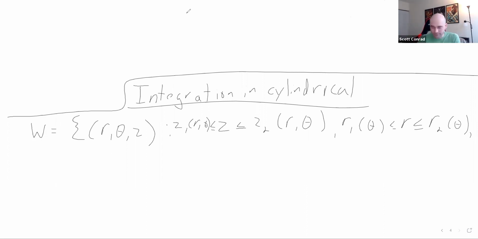When you collapse it down to the xy plane, then you get a nice polar figure, something bounded by circles or pieces of circles. And then we can describe that using polar coordinates. And then theta is going to lie between, say, theta 1 and theta 2, between two numbers.